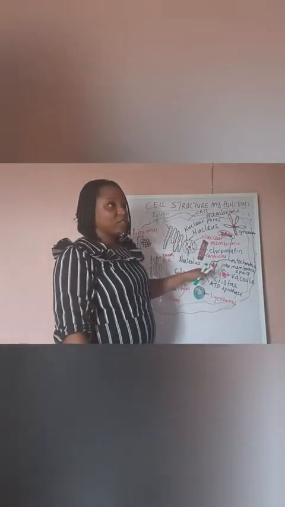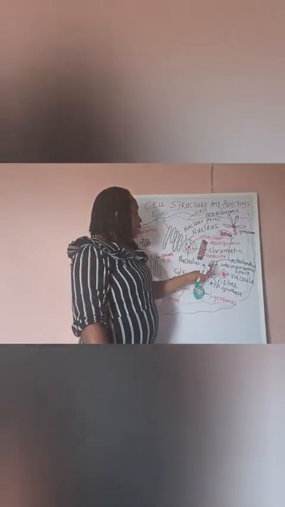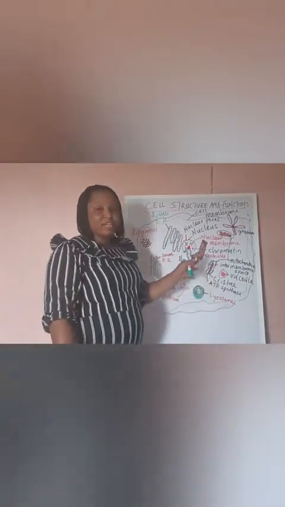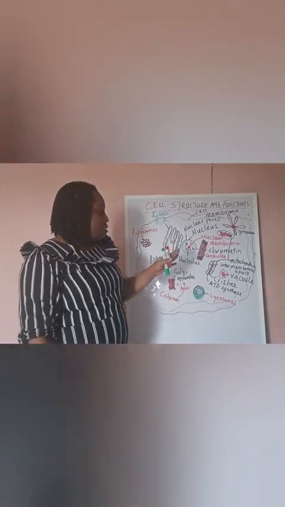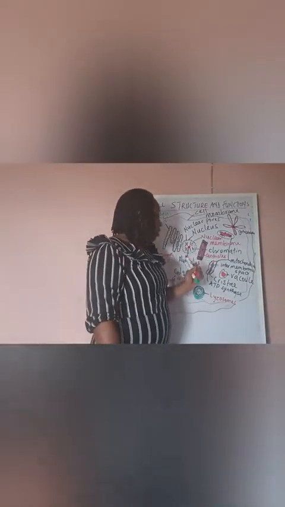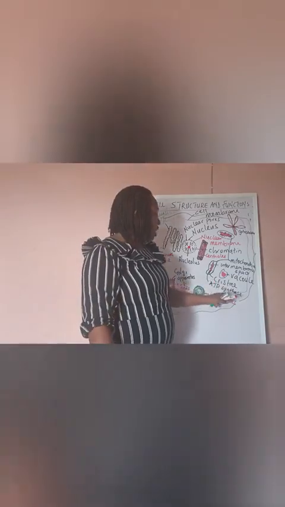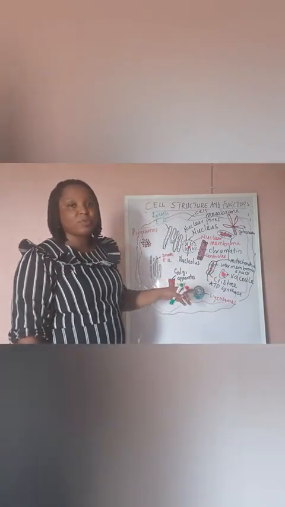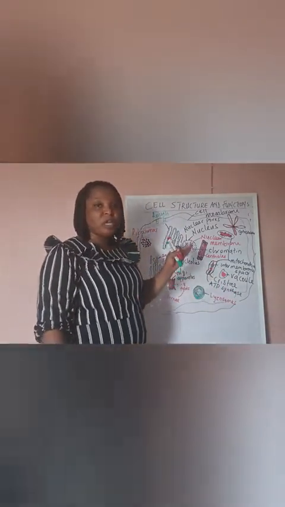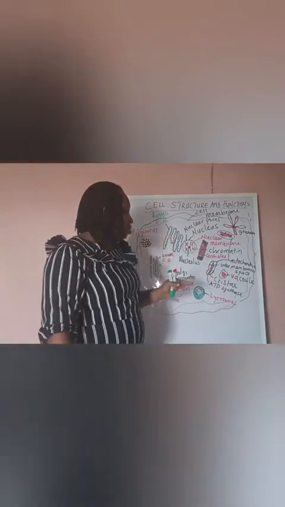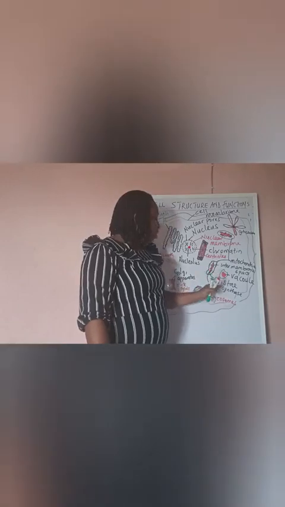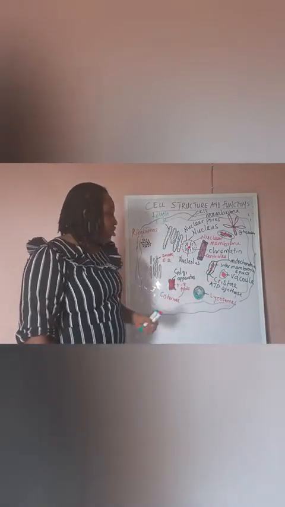Inside this matrix we have a lot of important enzymes that are responsible for different processes in the body. One of such is ATP synthase, which is responsible for the synthesis of ATP that the body uses as energy.